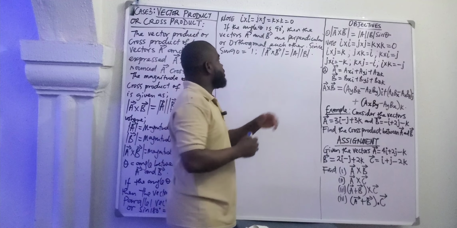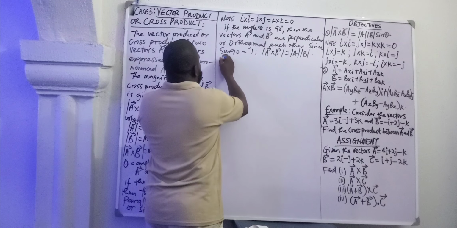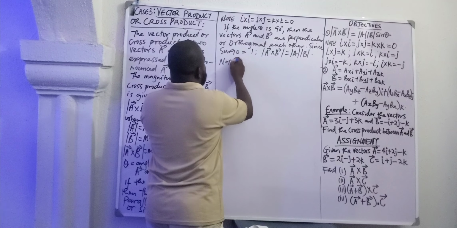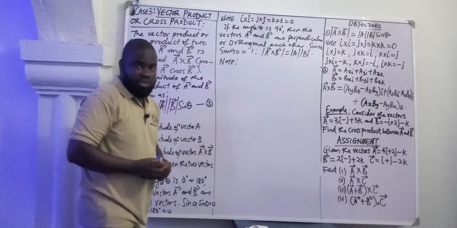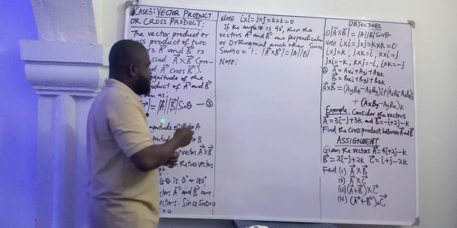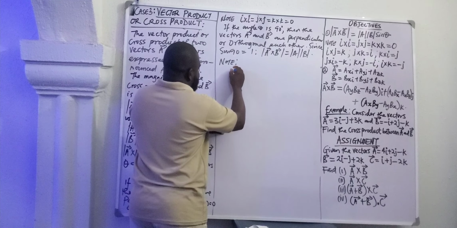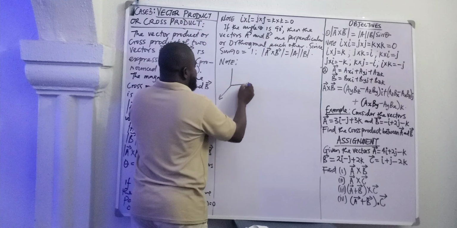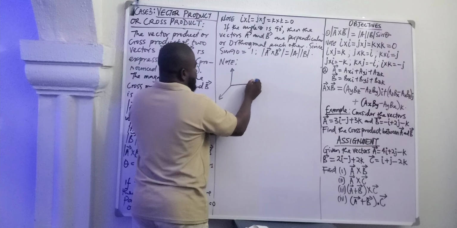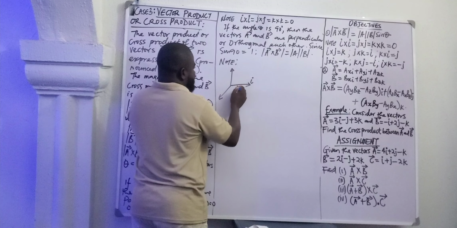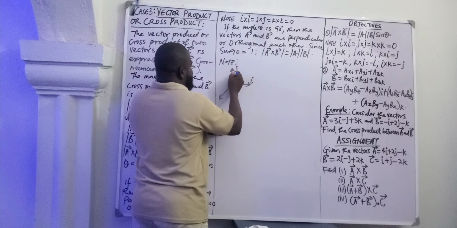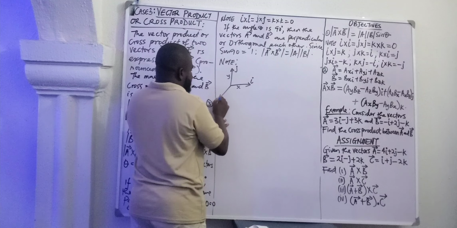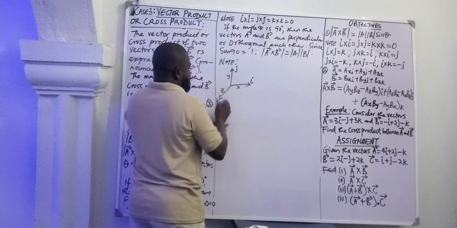So the implication on the unit vectors of A and B is this. To explain that, let me put it in this format. We have 3 unit vectors, I in the x direction, J in the y direction, K in the z direction.